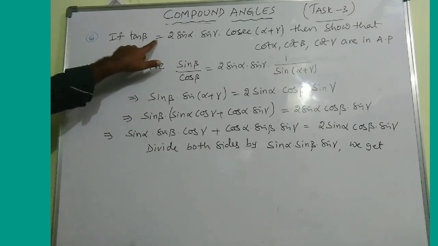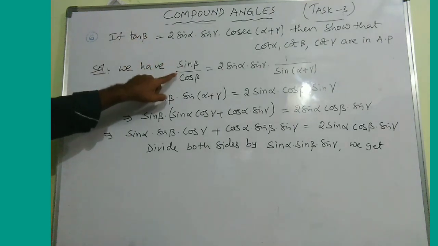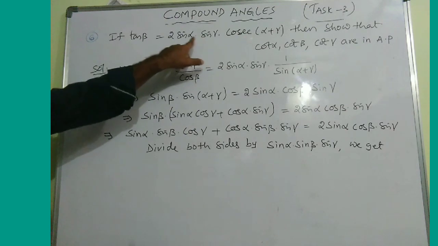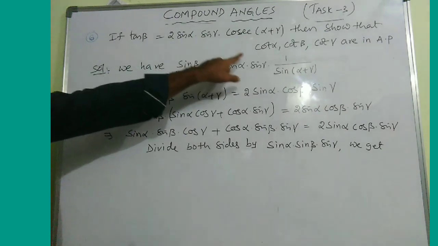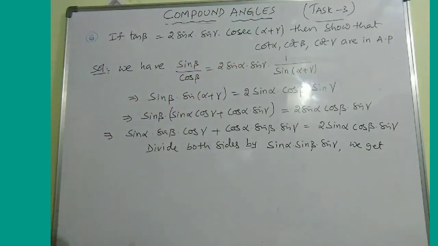So this is the condition given to us, and the same technique: tan beta can be expressed as sin beta by cos beta, which is equal to 2 sin alpha into sin gamma, and cosecant can be written as 1 by sin of alpha plus gamma, isn't it? Cosecant theta is equal to 1 by sin theta.